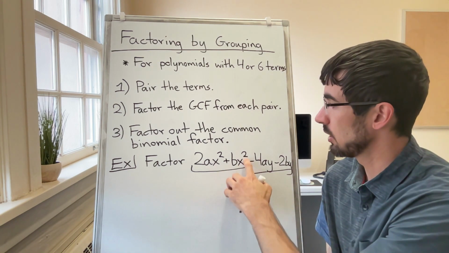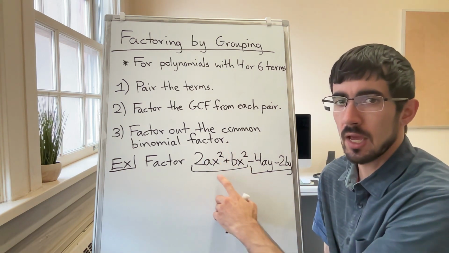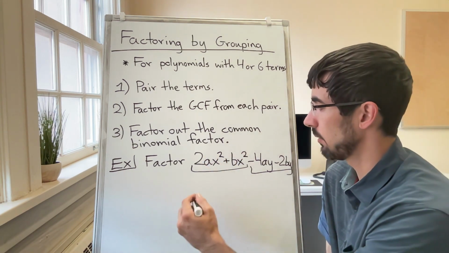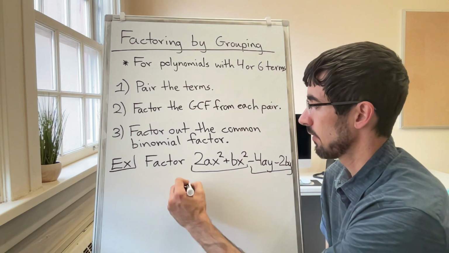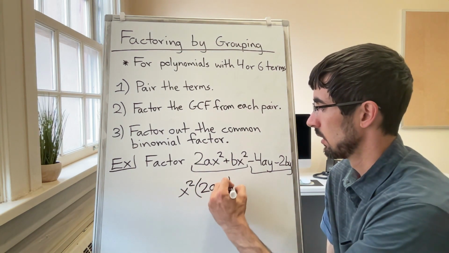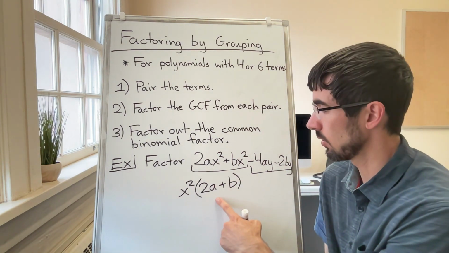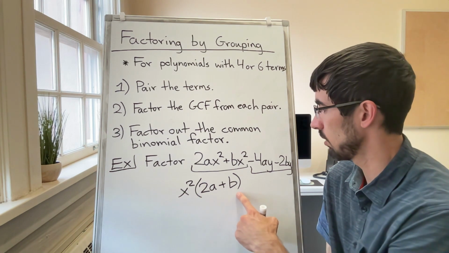Second step, factor the GCF from each pair. So as I look at these two terms, they have an x squared in common. That's the GCF. Let's factor that out and write what remains. So we've rearranged our first pair in factored form to look like this, x squared times 2a plus b.